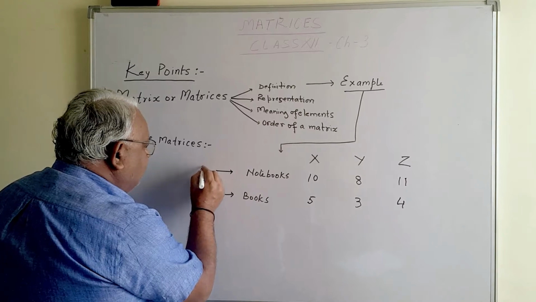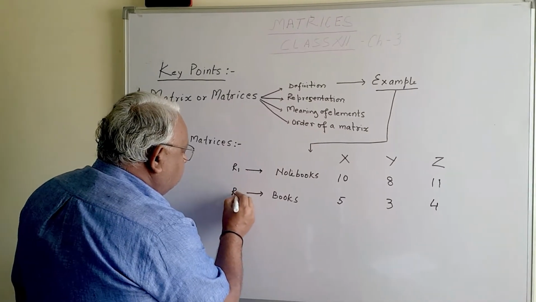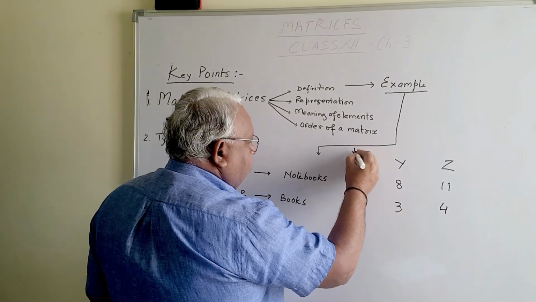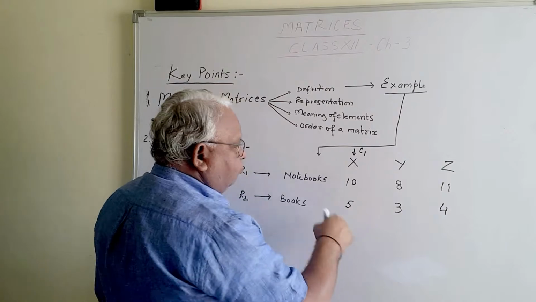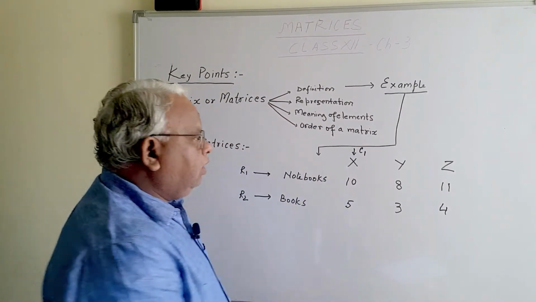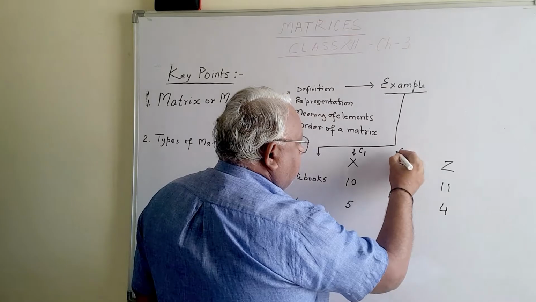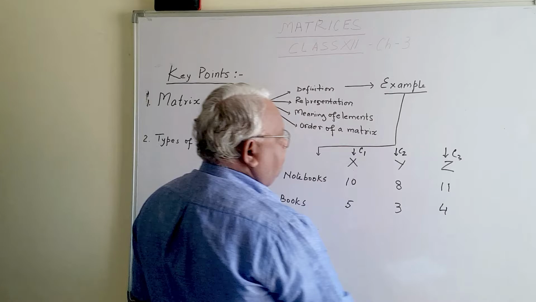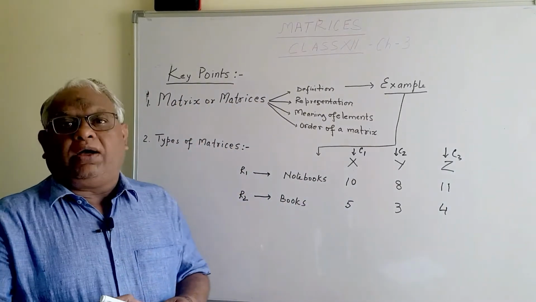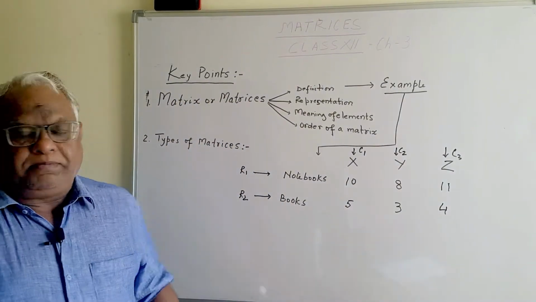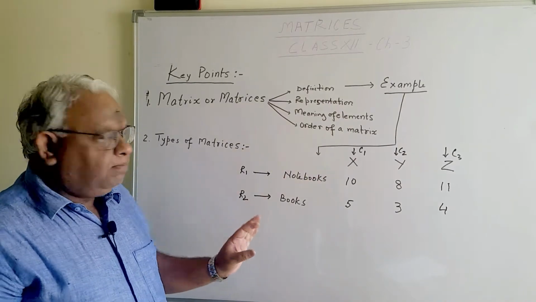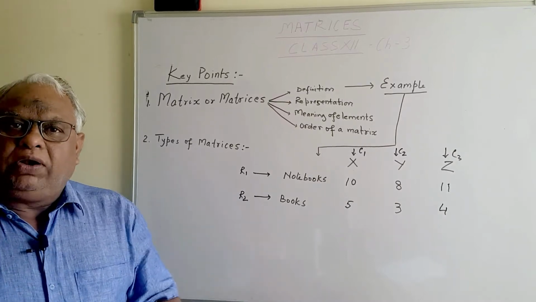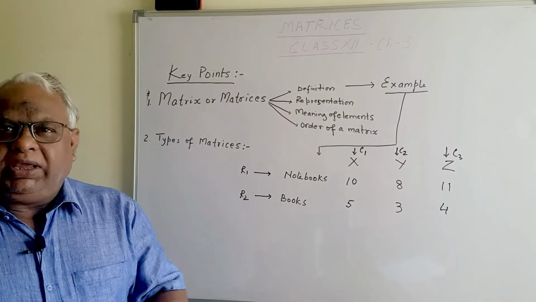Let us call them R1 and R2, and the data is given in the form of columns, which move vertically downward, C1, C2 and C3. So what do you observe? Matrix. And how will it look like by this information? When we put it into perfect form, how will it look and what will be its nature?